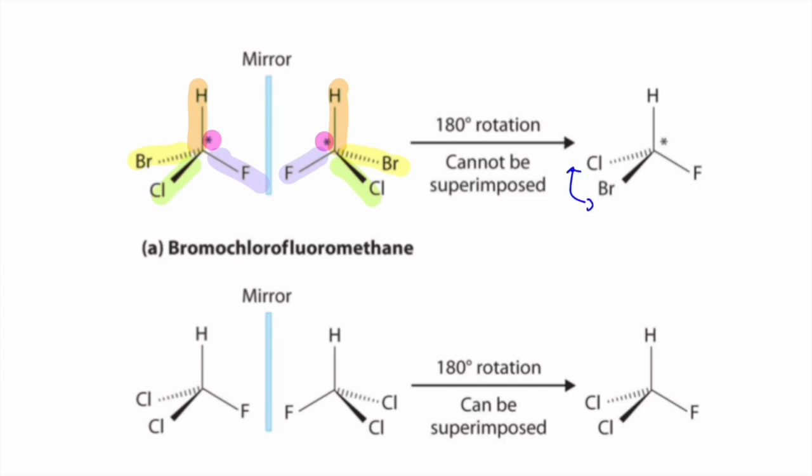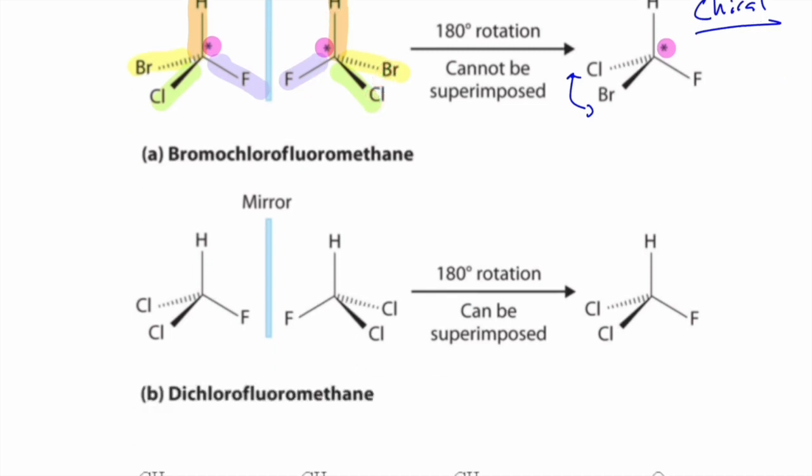If I move these two, I could make it into that one, and then that's an enantiomer of each other. But right now, because they're special, I can't actually superimpose them. So these are considered chiral. 4 different attachments around the center atom.